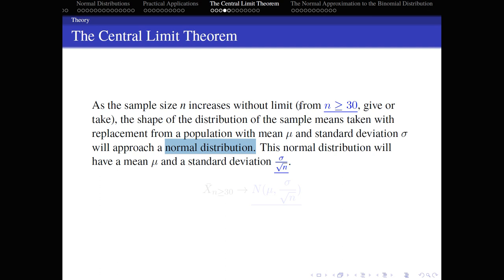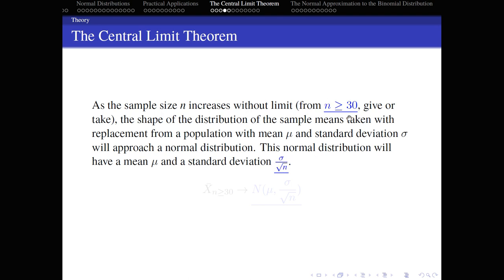More than just having a normal distribution, they're going to have a normal distribution whose mean is the mean of that whole raw data set. So if you know the mean of the raw data, you know the mean of that normal sampling distribution. And they're going to have a standard deviation that we drew on the previous slide, that is sigma divided by the square root of n.